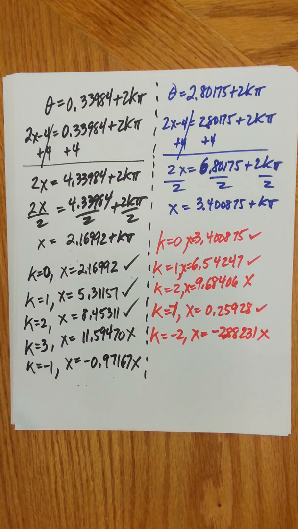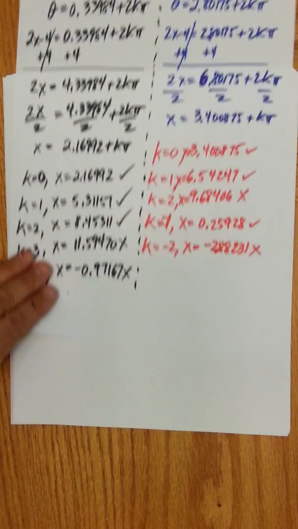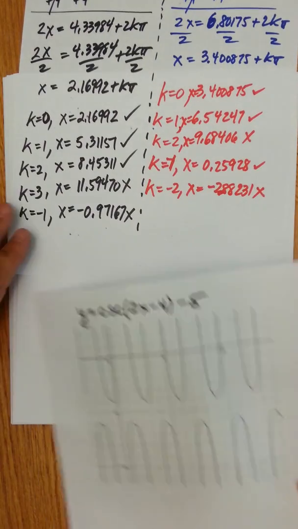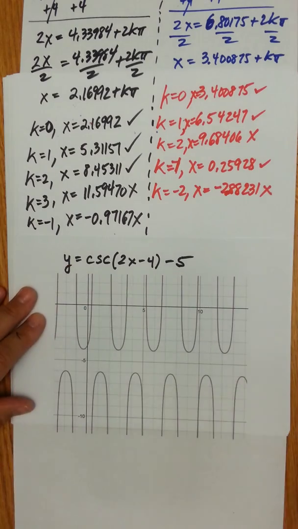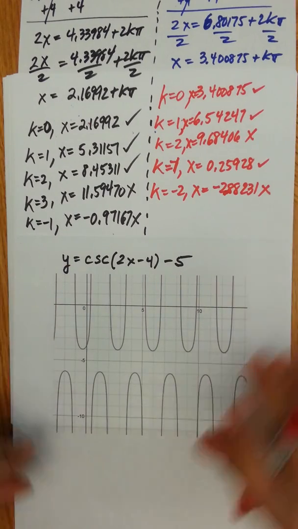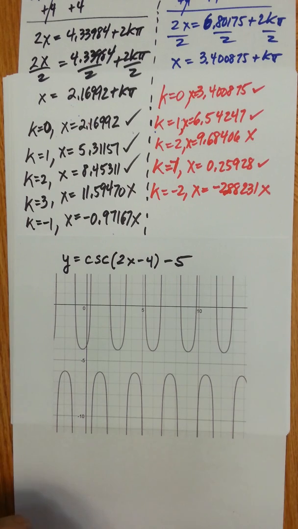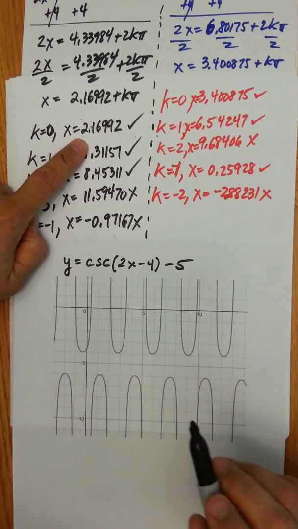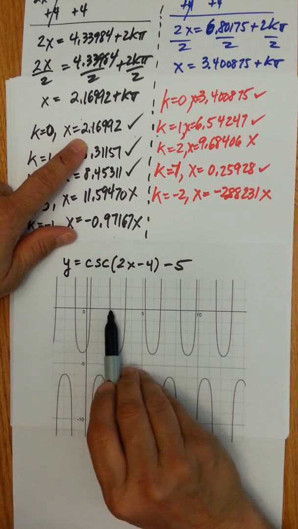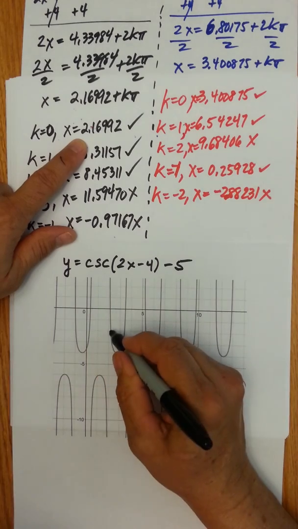Now, let's look at the graph and see what's happening here. We're trying to solve for where this graph is negative 2. If I look at the solutions on the left-hand side, which I did in black, when k equals 0, I got a little over 2. So I go over 1, 2, and this is the solution I found.